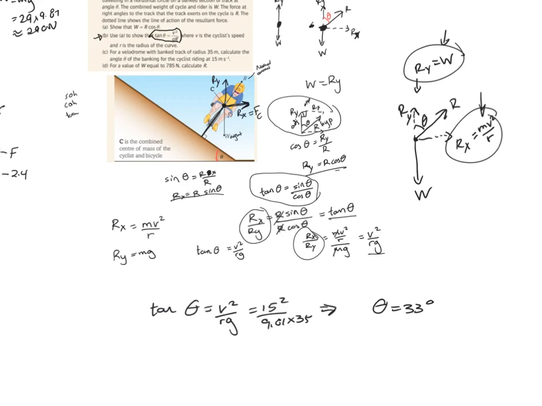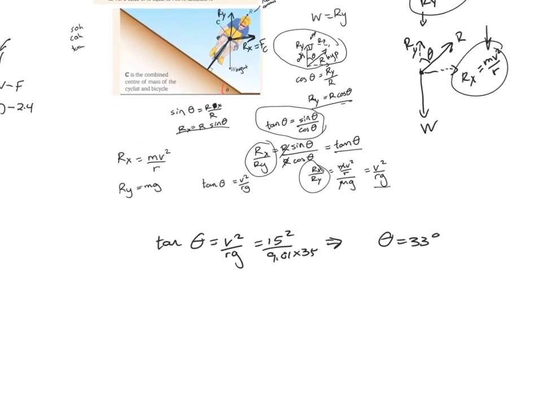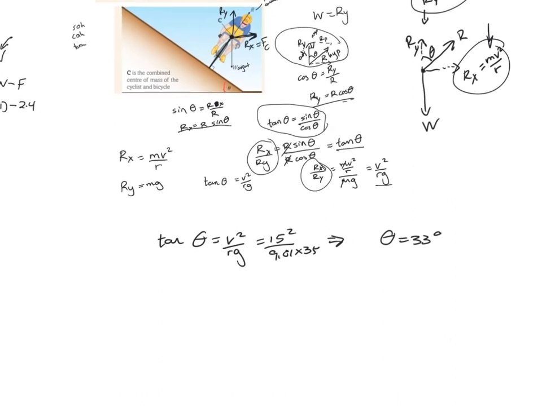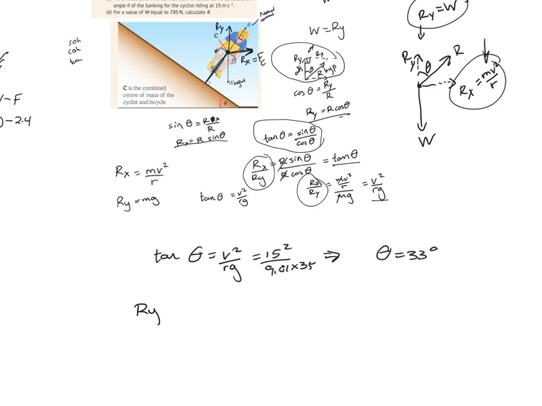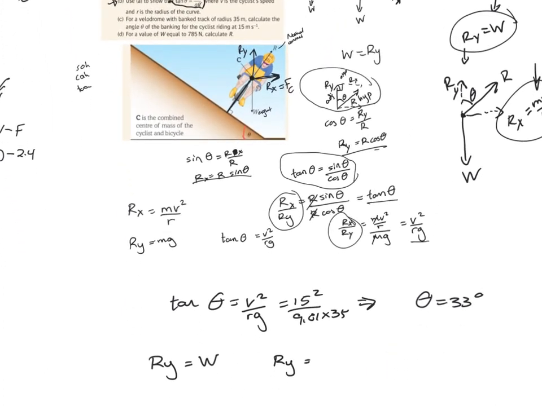For D, it says for a value of weight equal to 785, calculate R. In this case, it's actually quite simple because we know that Ry is equal to the weight, and we also know that Ry, which we proved in part A, is equal to R cos theta.